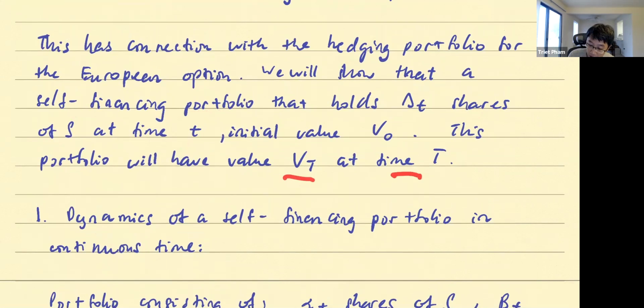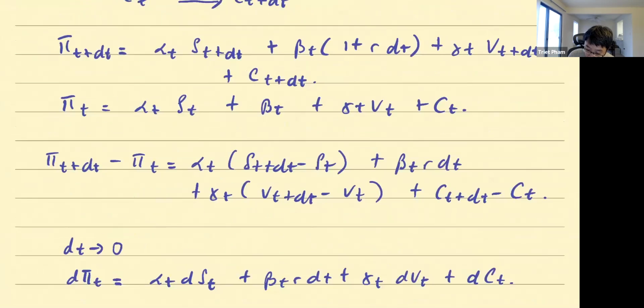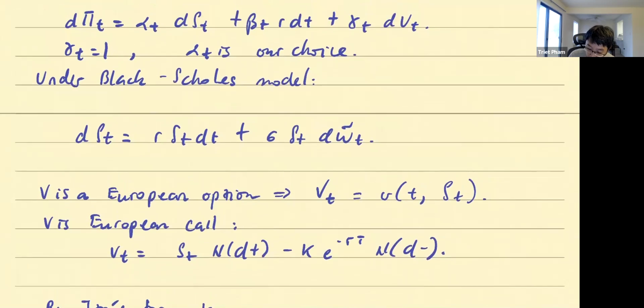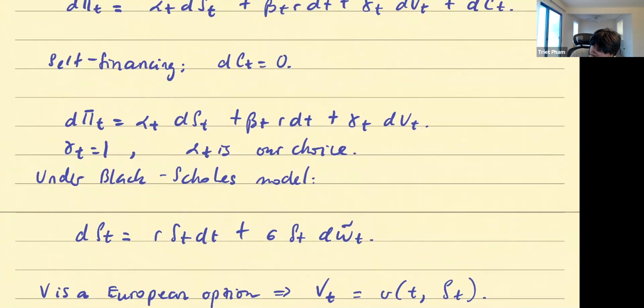And so the point is that if we choose the number of shares alpha to be this, then the portfolio we're building, because we are holding already, actually here we minus delta because we hold 1 share of stock. Or if you want, gamma t will be -1 because you're short selling, for example. Okay, let's do it like this. You're short selling 1 share of the derivative.